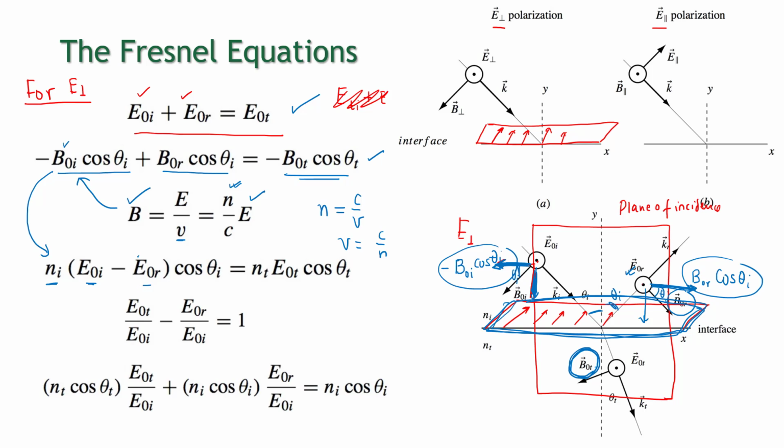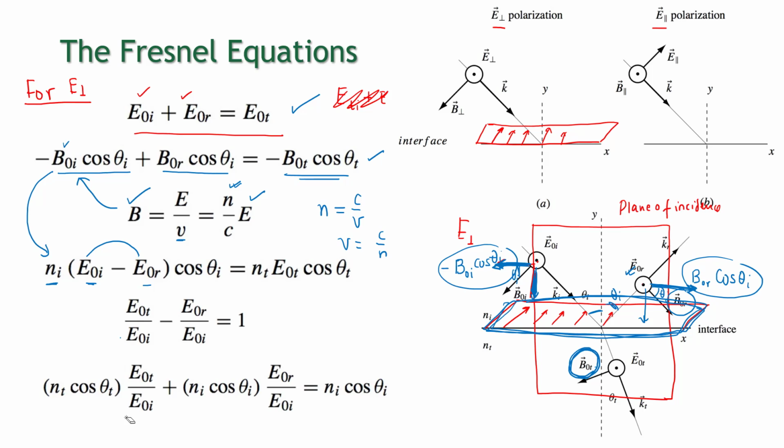Actually, this term would be positive and this would be negative. If I multiply both sides by a negative sign, then I will have positive here and negative here.